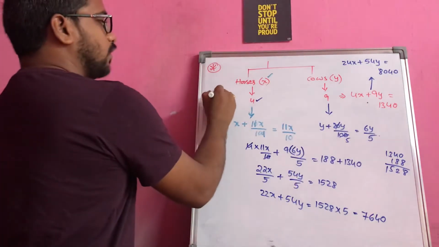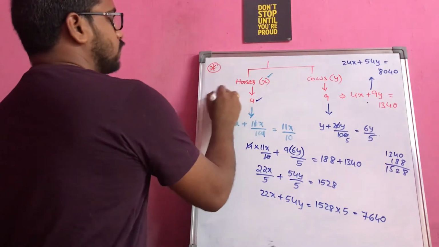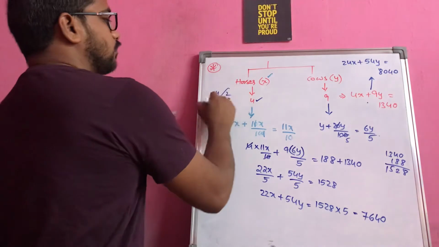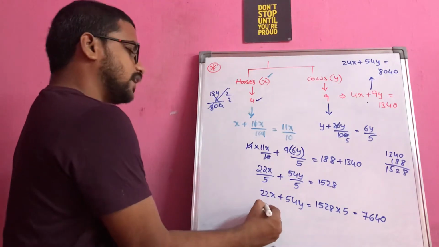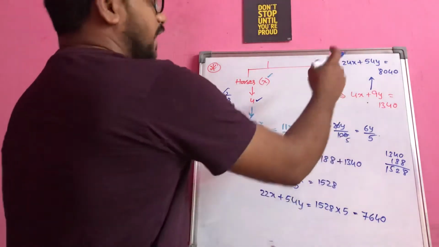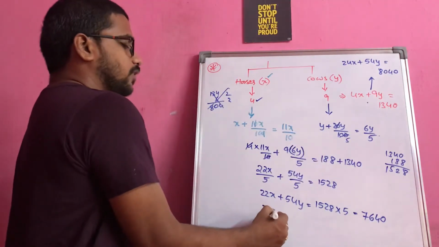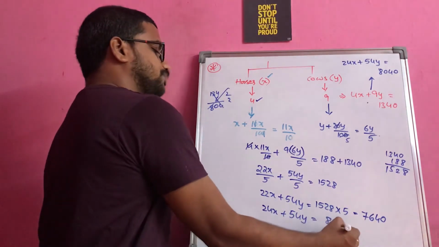So let us take 1340 into 6 rupees into 6. 6 fours are 24, 6 threes are 18, to 8040 is the amount. Okay. So we are having our first condition 22x plus 54y equal to 7640. Second condition we are getting 24x plus 54y is equal to 8040.